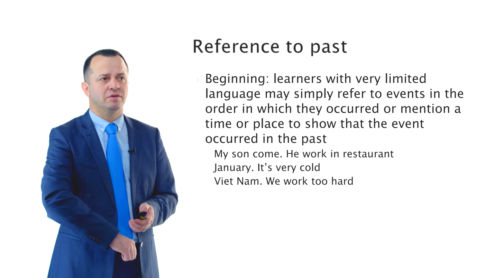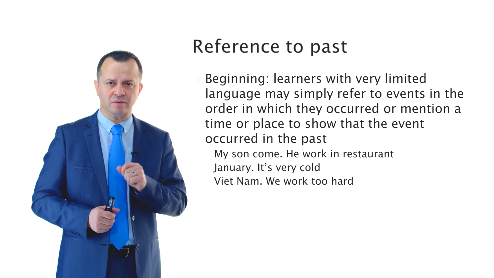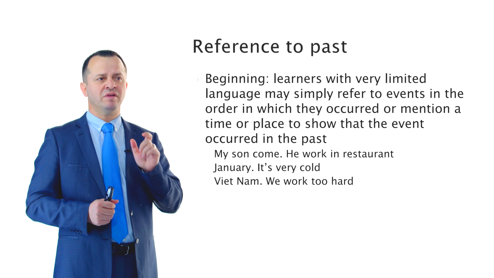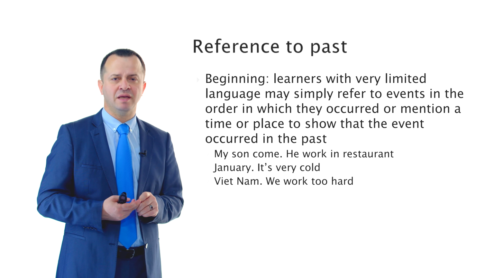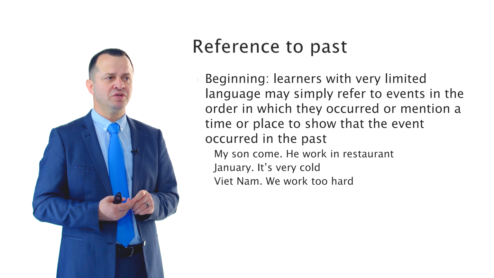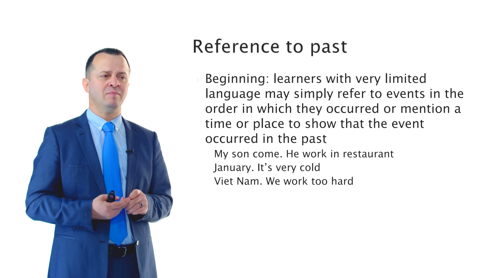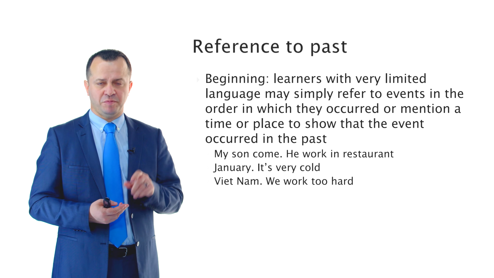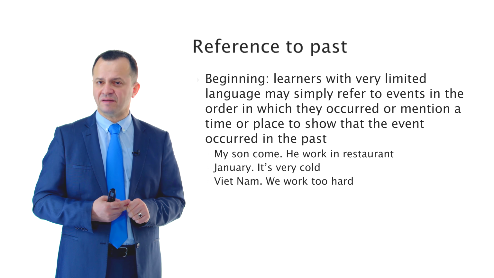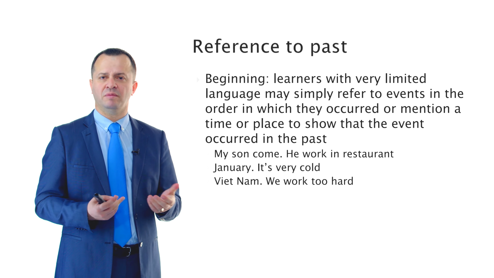Good. Reference to the past. At the very beginning, while learners are learning a language, learners with very limited language may simply refer to events in the order in which they occurred, or mention a time or place to show that the event occurred in the past. But the problem, you can see, is they are not inflected with the past tense. "My son come.